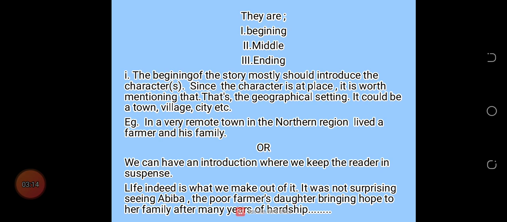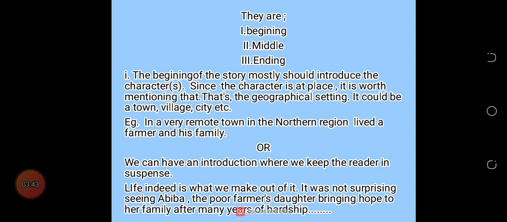So what is the beginning of a story? When we say the beginning, what should it be about? What does it entail? For the beginning of a story, the writer should introduce characters, if not all, at least 1 or 2 characters should begin the story.